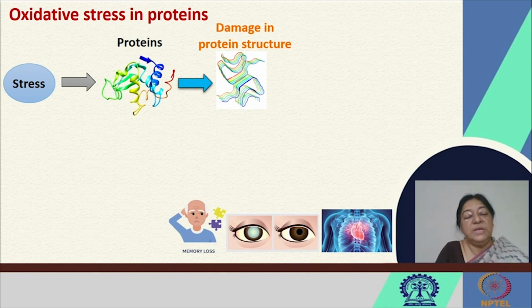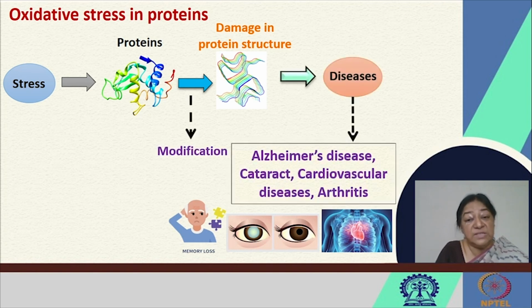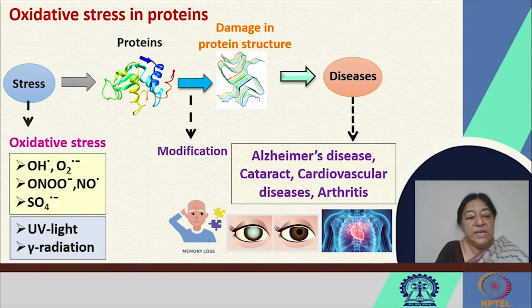The damage can be in the protein backbone, can be in the modification of specific amino acid residues, and how they lead to specific diseases in terms of these oxidative stress conditions, and how they may be looked at from a point of view of antioxidants, what modifications can occur, how they can be targeted, and how they can be determined in terms of the specific biomarkers that could be spectroscopically determined.